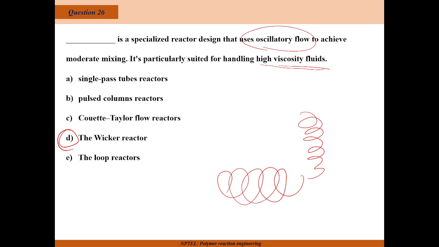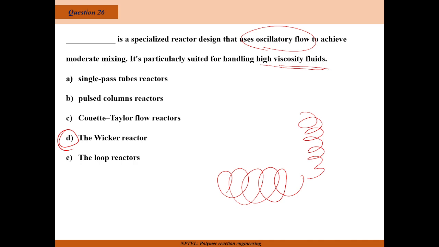Also, since the structure is a loop, the time that reactants can spend within the reactor increases.